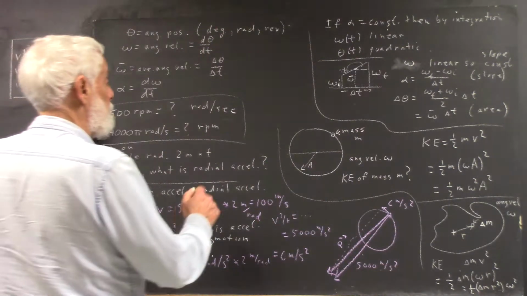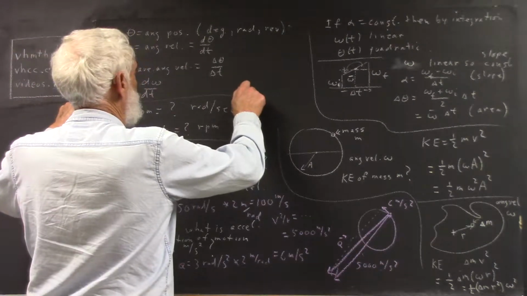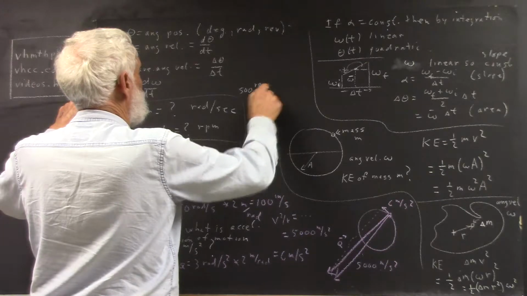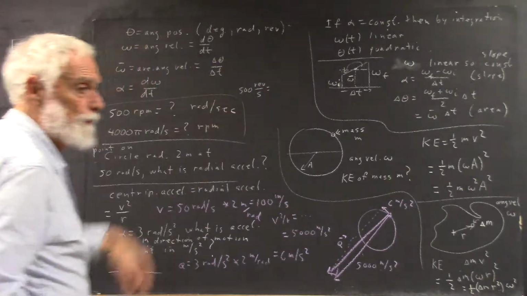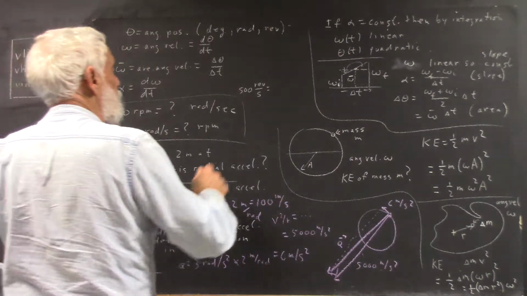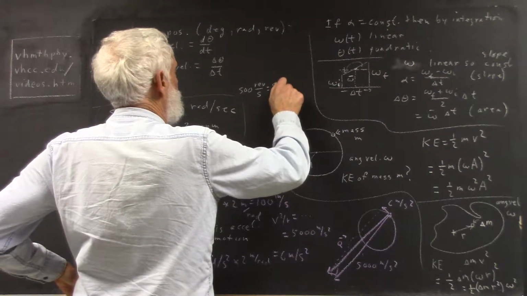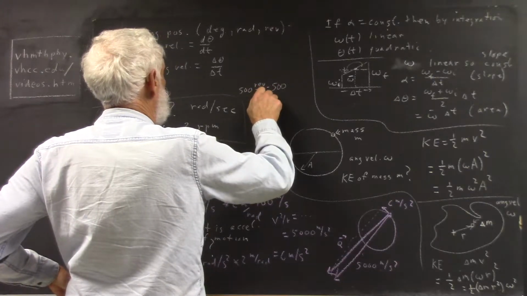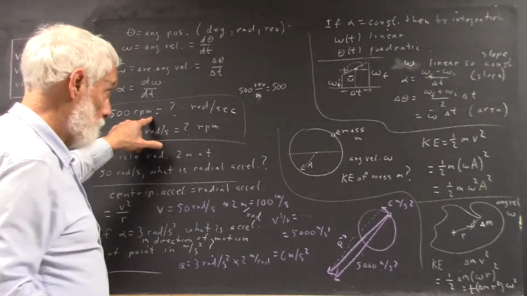So 500 RPMs is 500 revolutions, and that's not per second, this is per minute. RPM, revolutions per minute.